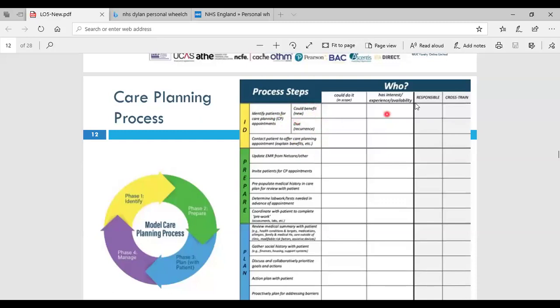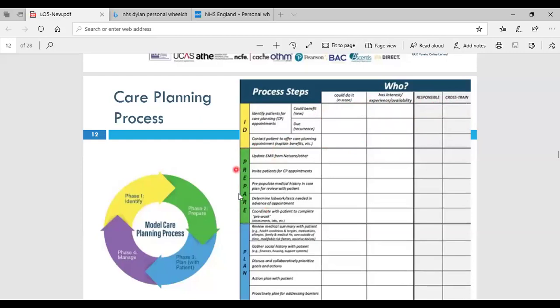So that's the same person. Who could be there? What could your care plan do? Has there been any interest or experience or availability? So there's who's responsible for this, and who's then taking care of all the requirements.